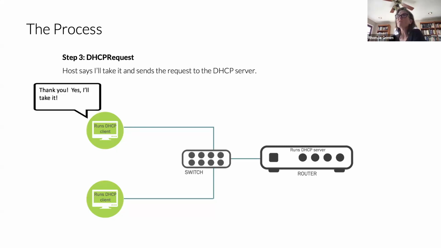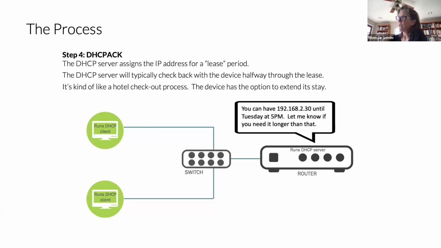It's like, I would love that one. That's great, but you can only have it until Tuesday at 5, but I'll check in with you to see if you need it longer. And so you've got this idea of a lease time, because you don't want an address in the precious pool of addresses just sitting there and not being used.